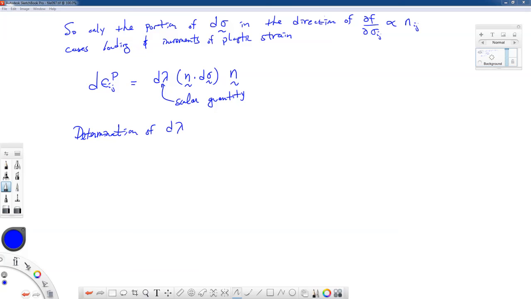So let's figure out what d lambda is. So we're going to have some assumptions here. We're going to assume that we have an isotropic material, and we have its uniaxial stress strain curve, specifically the stress versus plastic strain that we have defined.